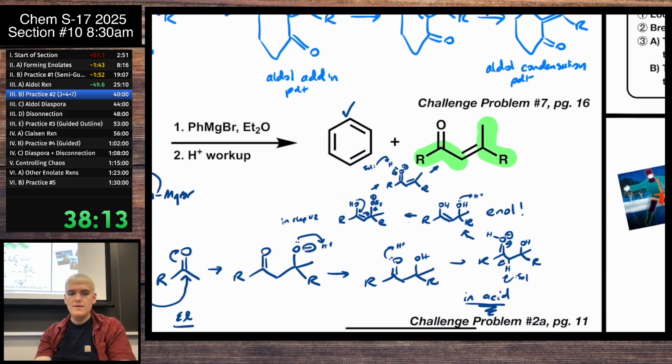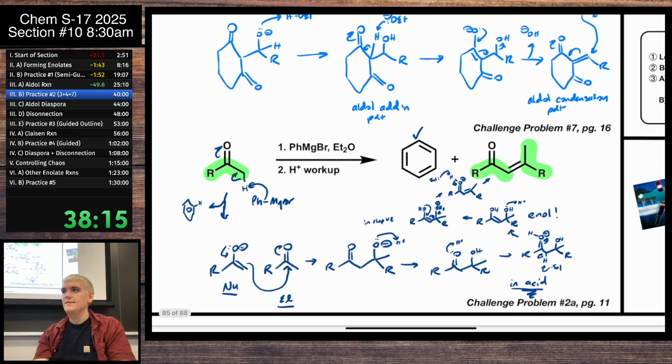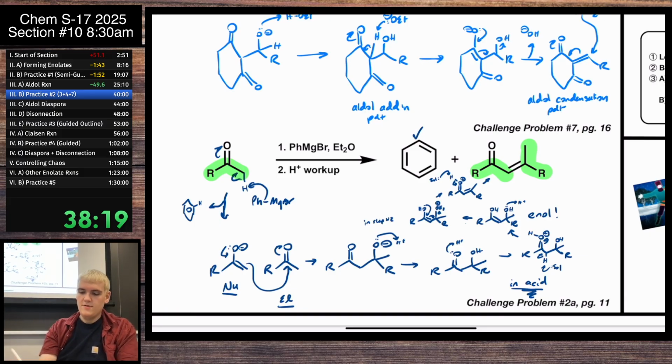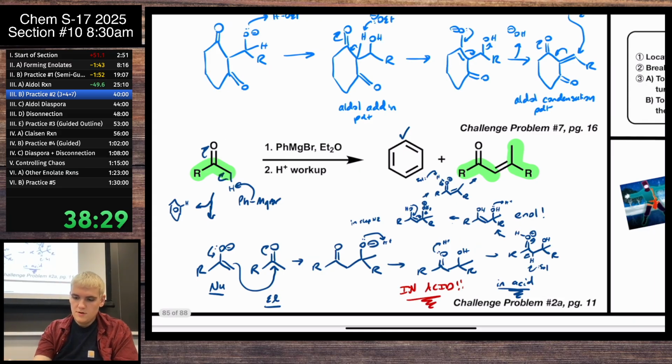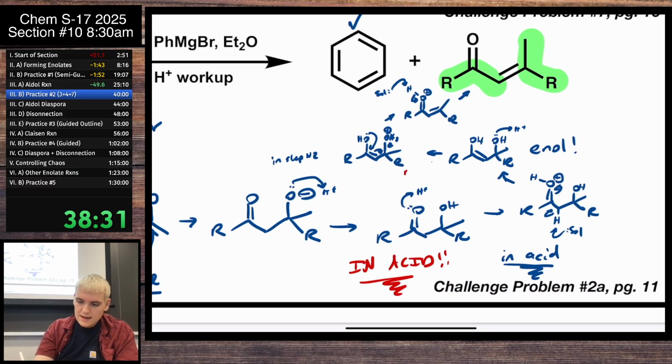So same exact setup premise, but just different protonation states. And so just flagging again that this is in acid. I'll put: need H2O leaving group.